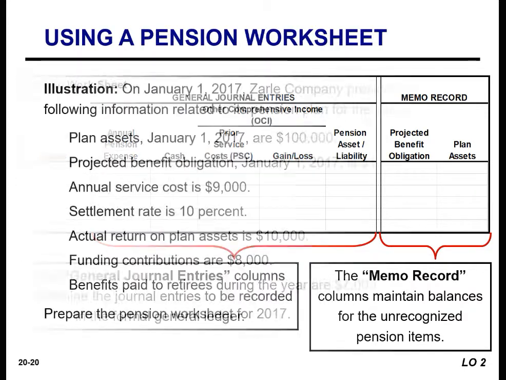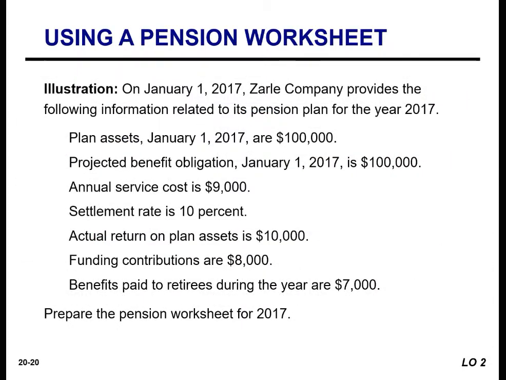To illustrate the use of a worksheet, we're going to use this company, Zarl, which provides this information related to its pension plan for the year 2017. Plan assets on January 1st, 2017 are $100,000. Projected benefit obligation on January 1st, 2017 is $100,000.